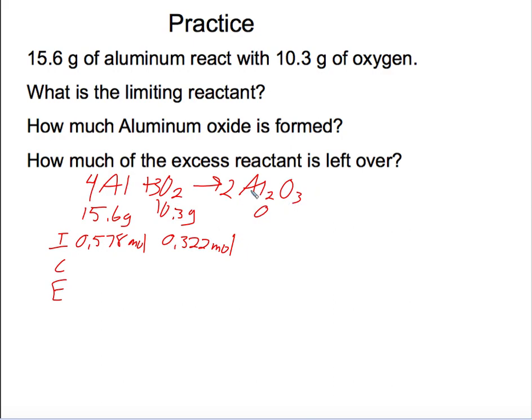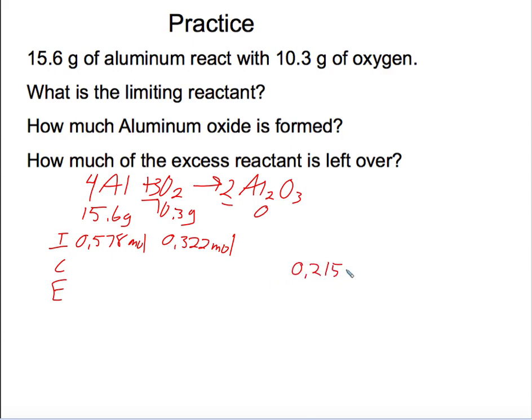Okay, so now we've got to convert both of these into aluminum oxide. So if I convert oxygen to aluminum oxide, I'm going to take 0.322 times 2 divided by 3. That's my ratio. If I do that, I'm going to get 0.215 moles here.